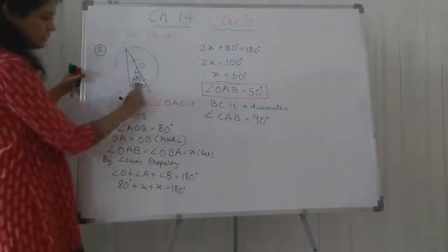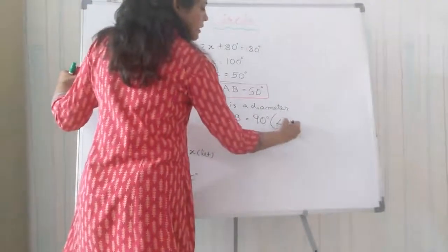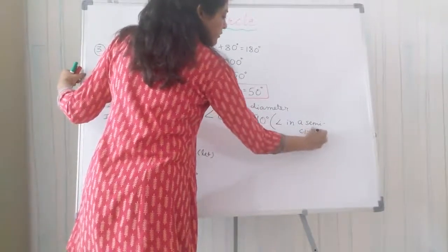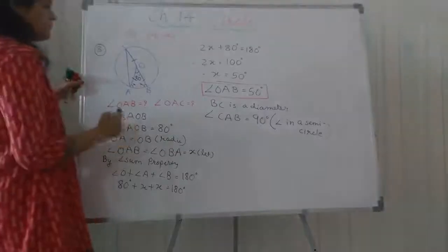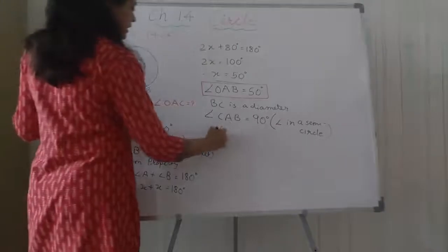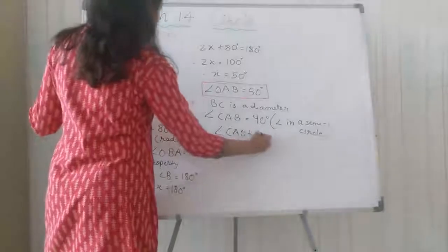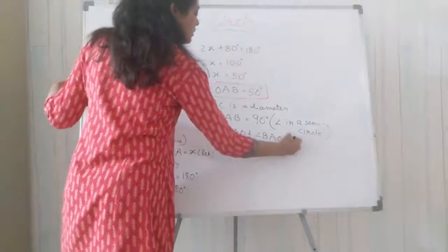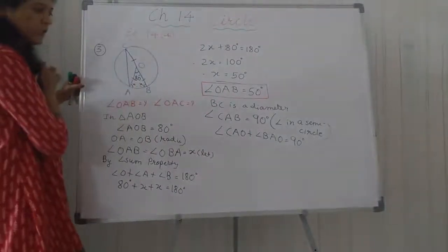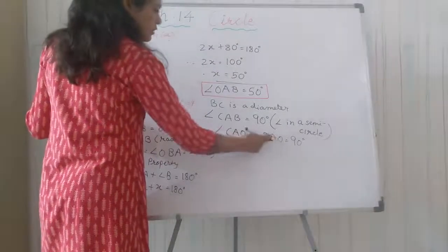Why? Because this angle CAB is an angle in a semicircle. I am writing here, angle in a semicircle. Right? Every time you have to write the reason also. So angle CAB is nothing but angle CAO plus angle BAO, which is equal to 90 degrees. This angle CAB is formed by the addition of these two angles, in which we already have this angle OAB, that is 50 degrees.